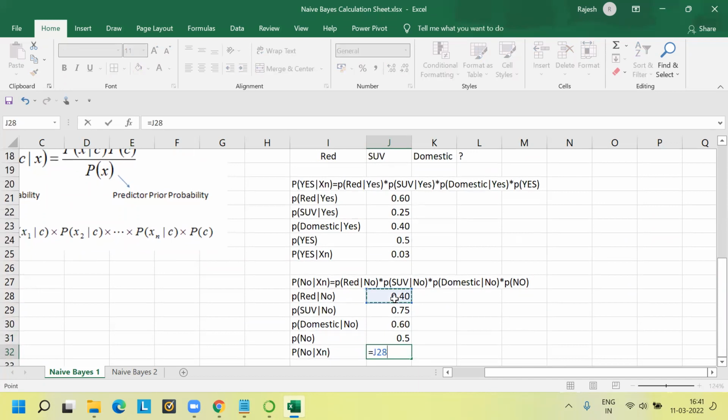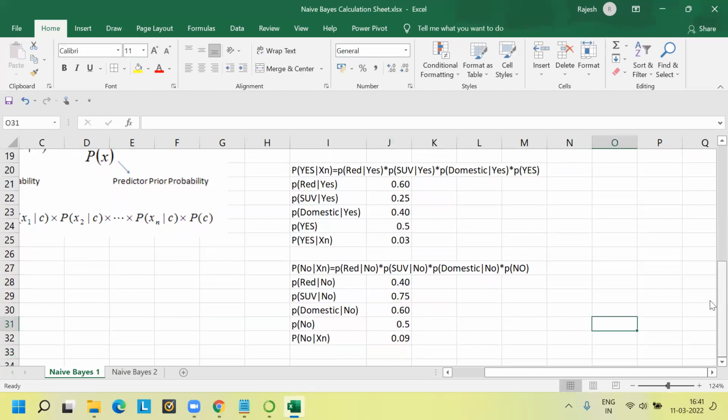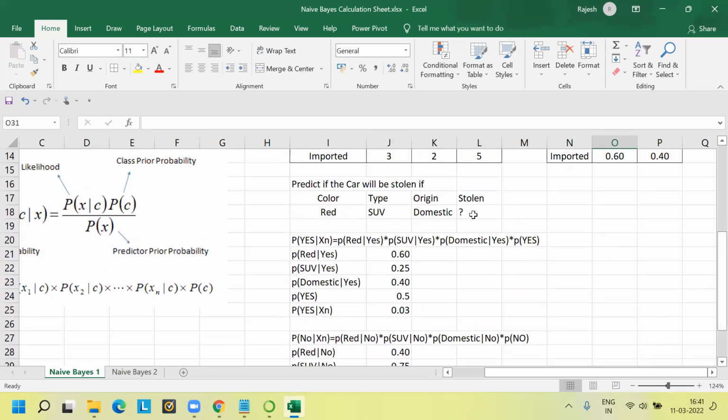Multiply this into this into this into this, it is 0.09. So what is your final prediction?